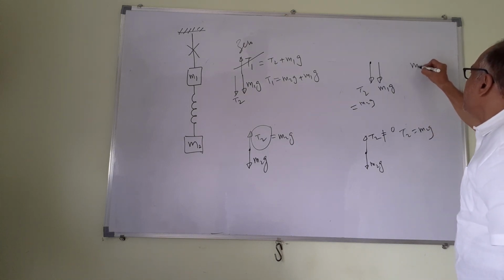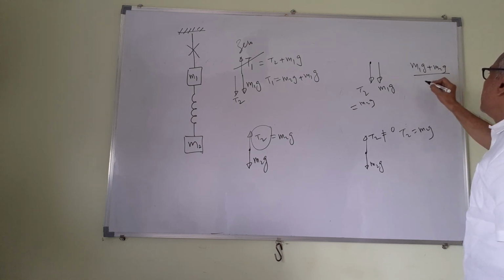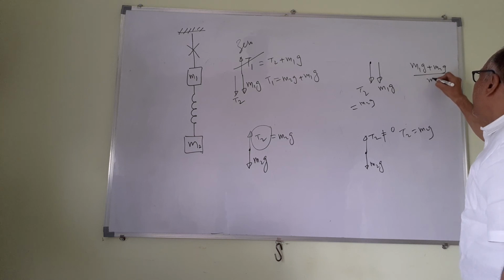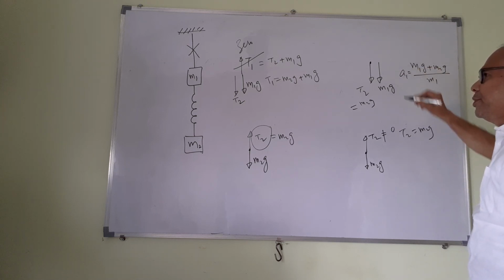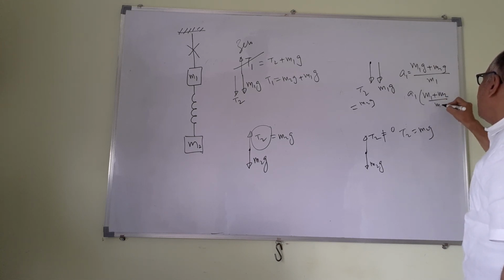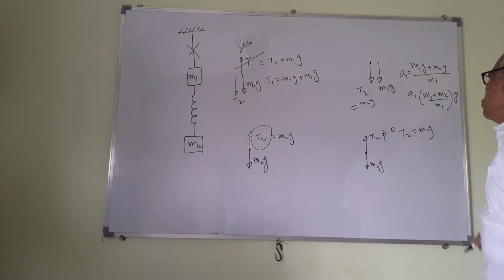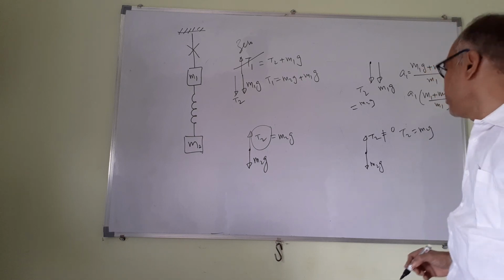The net force on m1 is m1g plus m2g, and divided by the mass m1 will give you the acceleration. That is the acceleration of m1. A1 would be (m1 plus m2) by m1 into g. You find that the acceleration is greater than the acceleration due to gravity.